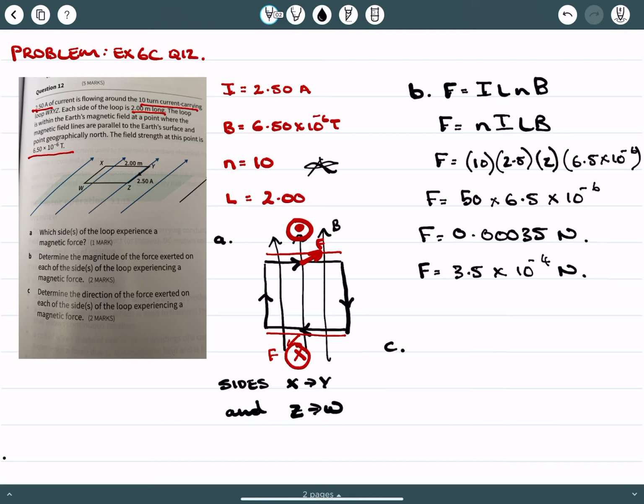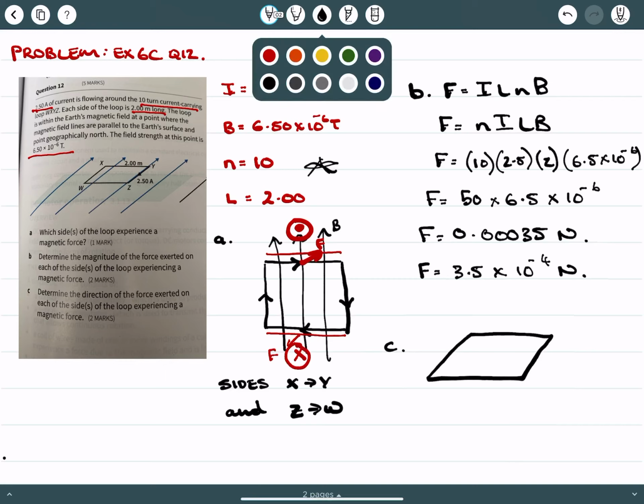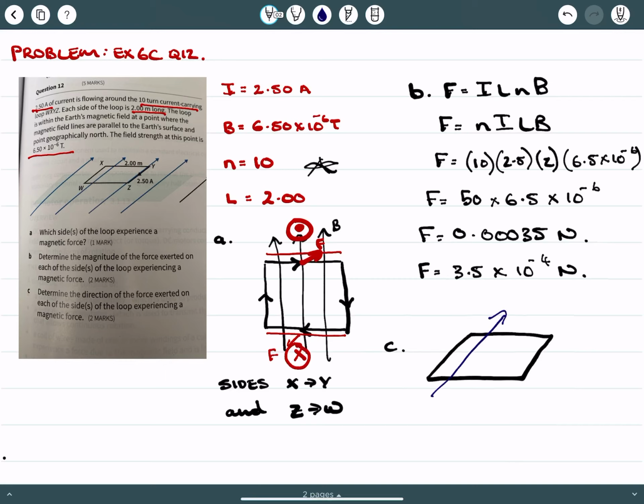And then C, determine the direction of the force acting on each side of the loop experiencing a magnetic force. I'm drawing the diagram very similar to how they've represented it in the question, and this is where I use my right hand rule. Looking at section X to Y, the current runs from X to Y, which is the direction of my thumb. Fingers follow the field lines, therefore the force will be acting upwards.